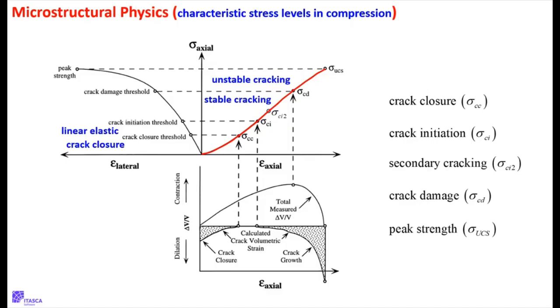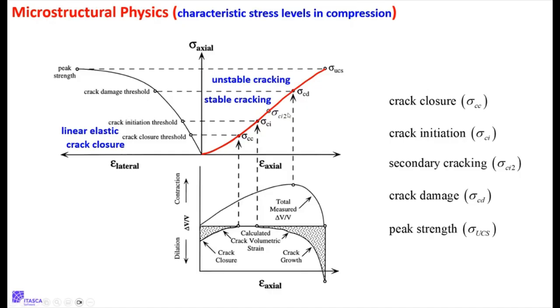Now, let me say one more thing about this curve, and this is something that many people in rock mechanics are not even aware of, because typically you don't need to know all this stuff. If you're doing design, the UCS is usually probably good enough. If you're building a structure in that sandstone that has a certain UCS, or in that granite that has a certain UCS, you don't really care what's going on here.